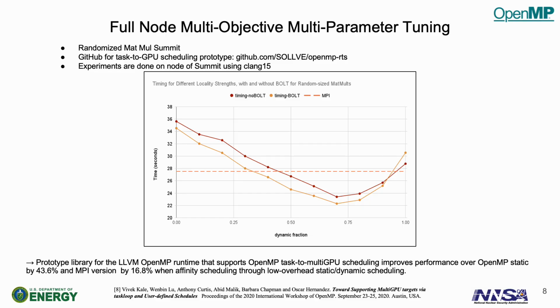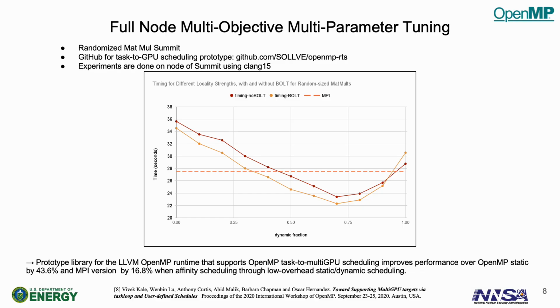So in doing this, let's look at this plot which shows the tuning of a dynamic fraction of the scheduling strategy, or the inverse of the static fraction. Here on the x-axis, we see it's varied from 0 to 1, and on the y-axis is time, so down is good.